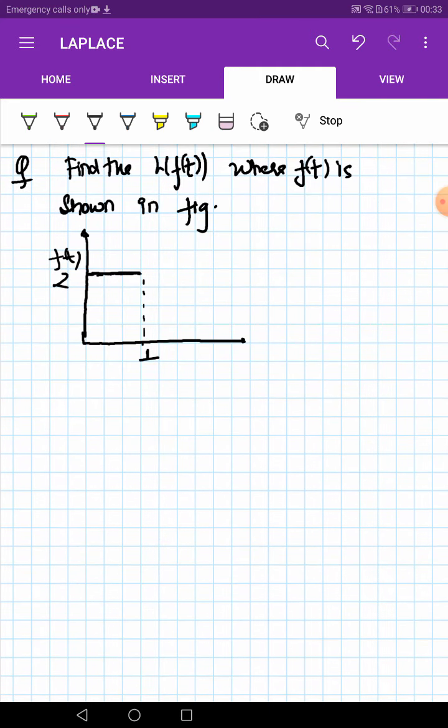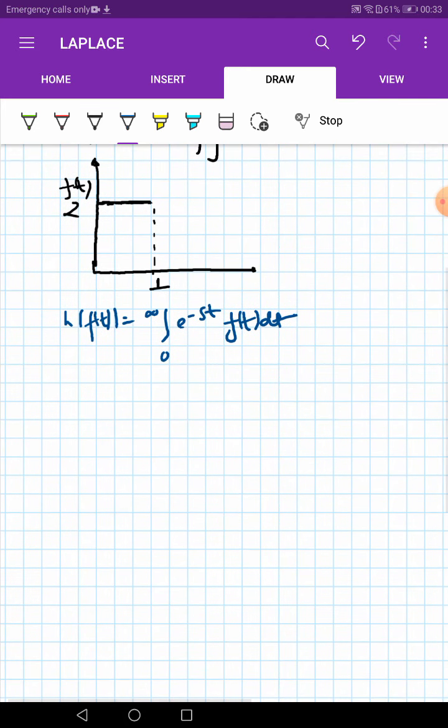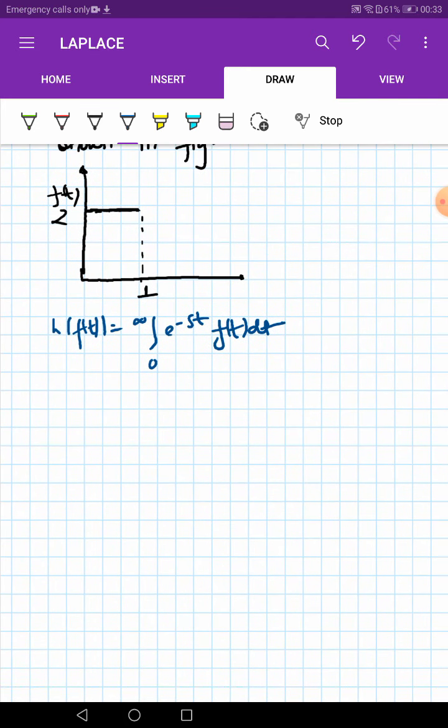If I write the definition of Laplace transformation, then L of f of t is equal to the integration from 0 to infinity of e power minus st f of t dt. From 0 to 1 my f of t is equal to 2, so I split this interval.